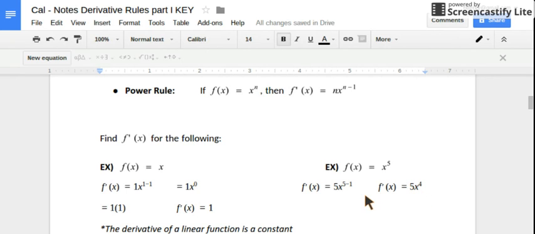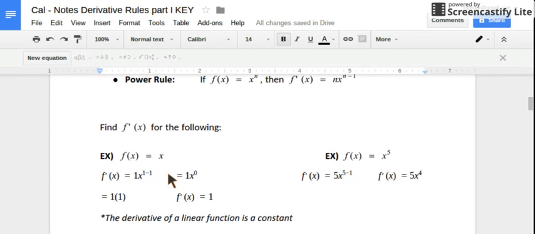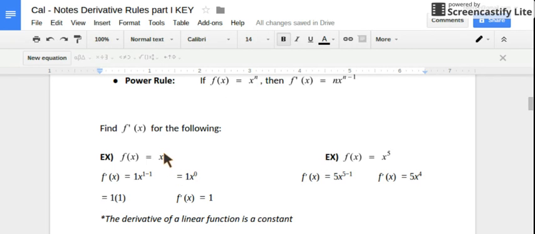and we can find a specific slope at that point. If we look at the most basic linear function, it's just x. It has a slope of 1. It starts at the origin and goes up 1 over 1. If I want to find the derivative or the rate of change of that function, we're going to take that invisible 1 and move it to the front. I'm going to subtract 1 from that exponent, and we end up with 1 times x to the 0 power.